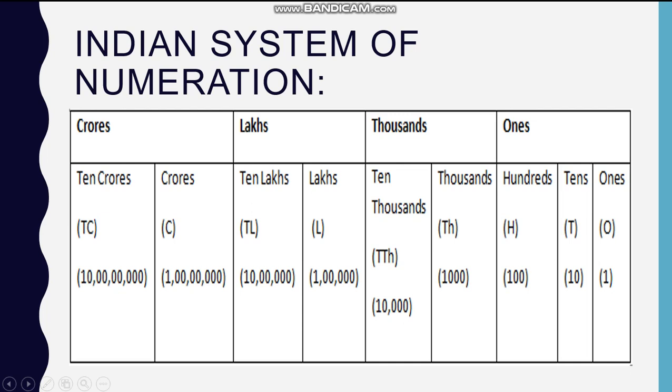We will see how to represent a number in the international system of numeration as well as in the Indian system of numeration. Yes students, these symbols: O, T, H, TH, TTH, L, TL, C, TC, where TC is for 10 crores. This is very important. You need to understand these symbols.